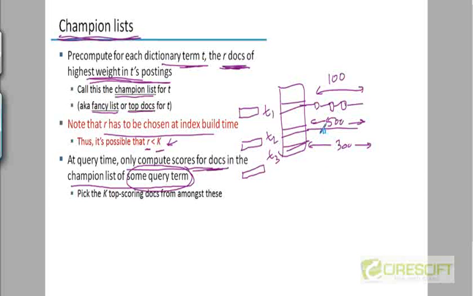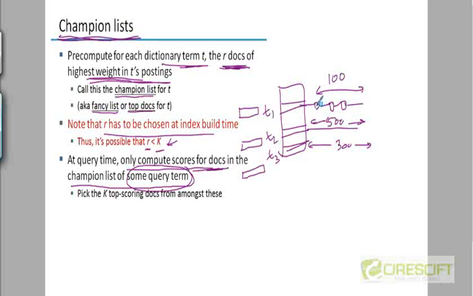But however you implement a champion list, when we are doing this pointer walkthrough in these three lists, before we do the cosine computation for the current document that we are looking at, we are going to check whether the current document is marked as a champion in at least one of the three lists.